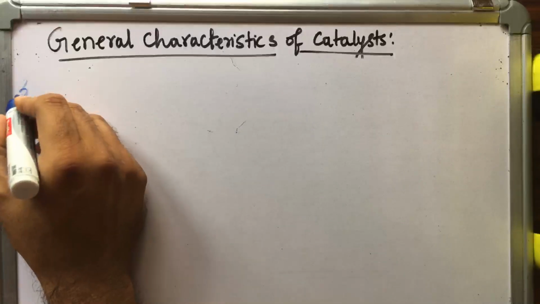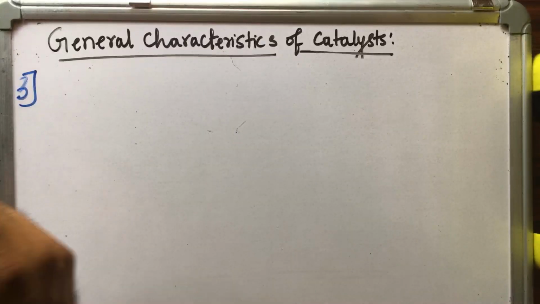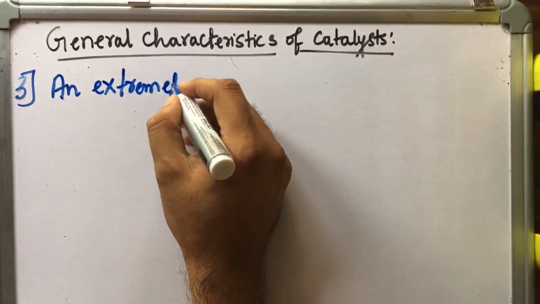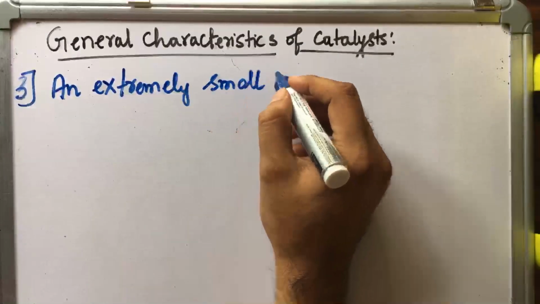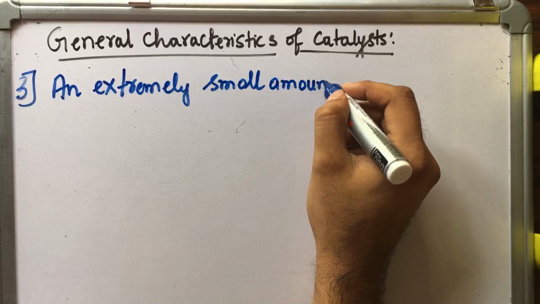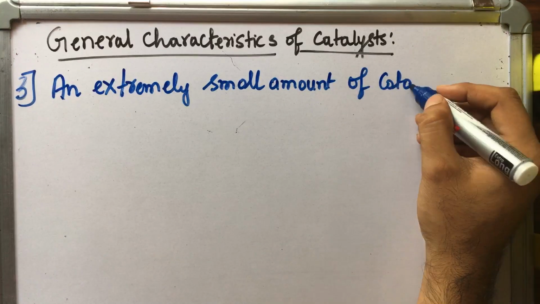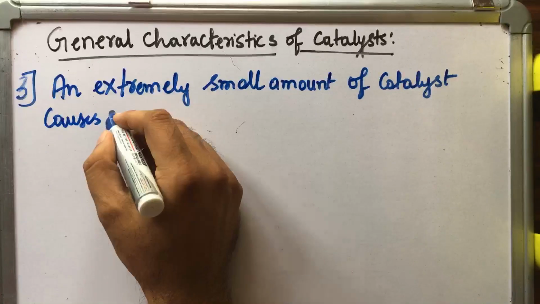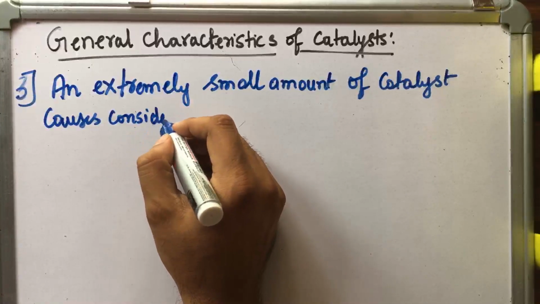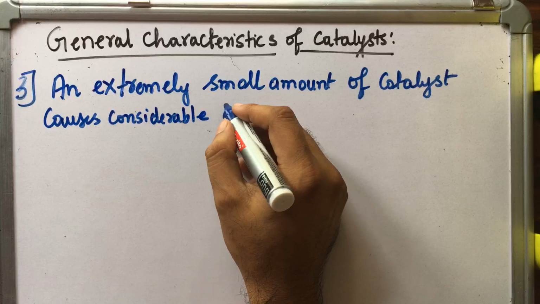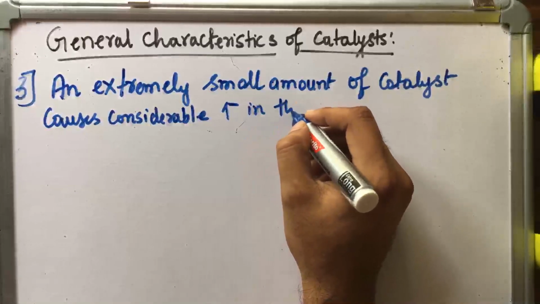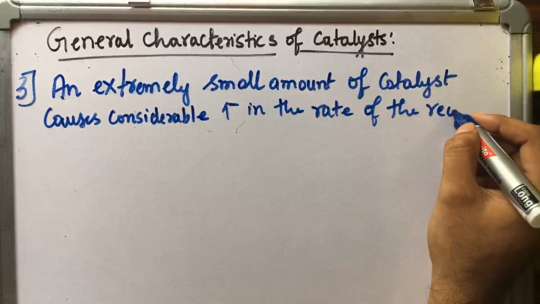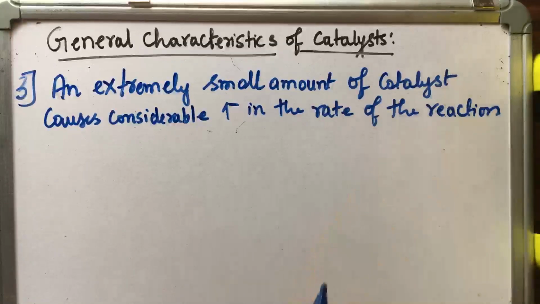So the third important characteristic property is that an extremely small amount of catalyst causes a considerable increase in the rate of the reaction. Is it clear, students?